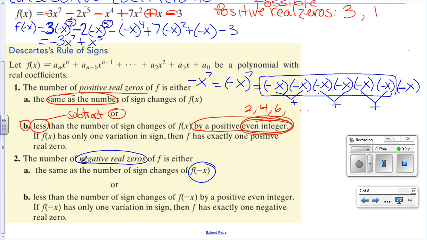Now in this case, we have an even power. So because of that, negative x to the power 4 is going to be positive x to the 4th power. Now we need to take into consideration that we have a negative in front of it, so that will make our answer negative x to the 4th.